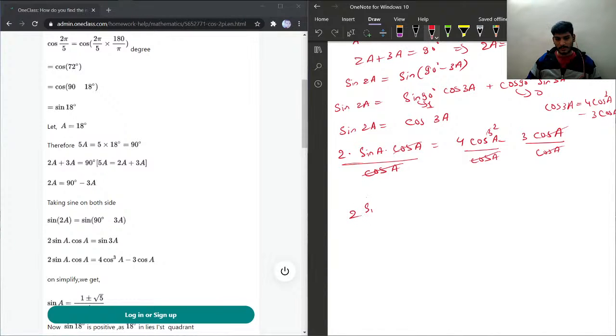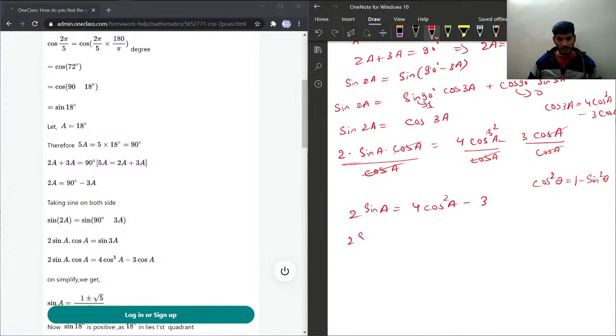This will become 2 times sine A equals 4 times cosine square A minus 3. Then we have cosine square theta as 1 minus sine square theta.